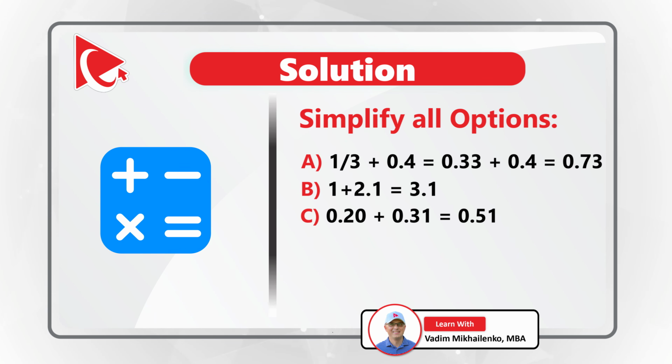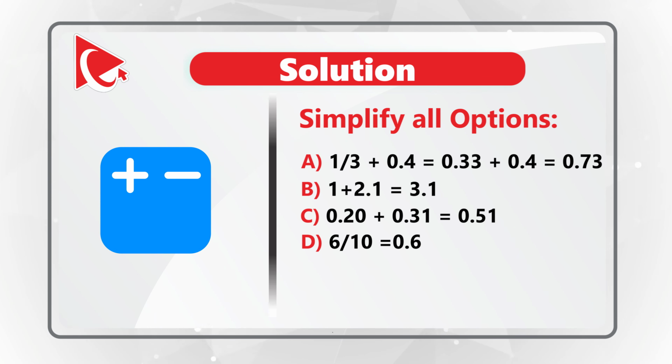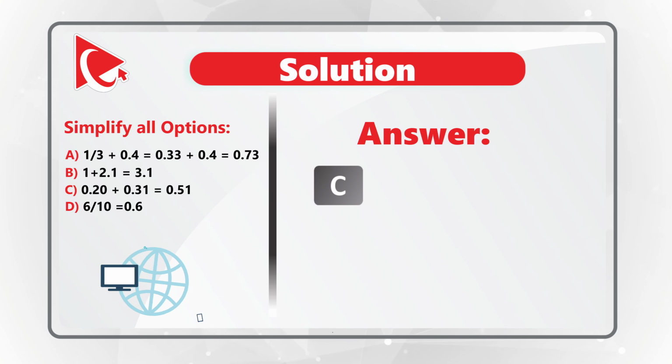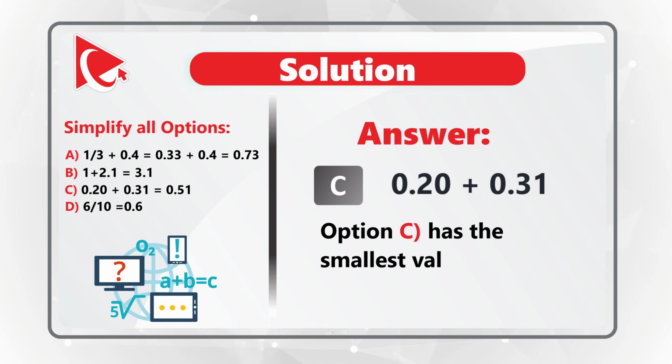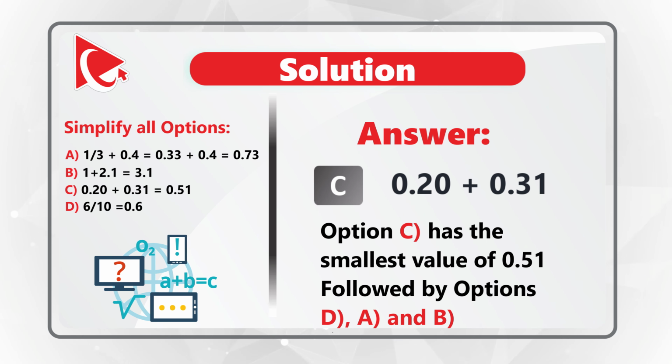Choice C, 0.20 plus 0.31 equals 0.51. And choice D, 6/10 equals 0.6. Which means if you look at the answers, option C has the smallest value of 0.51, followed by option D, A, and B. Was it challenging for you?